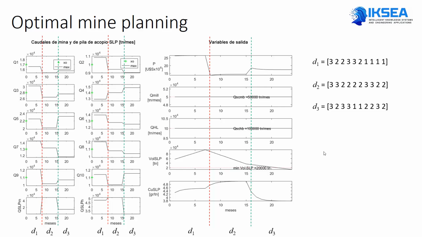The optimized solutions obtained show an increase in profit of between 5% and 10% over the solution calculated by a trained mine programmer. The maximum and constant use of both plants is observed, the minimum stockpile volume is complied with, and the depletion of reserves at the end of the project is ensured.